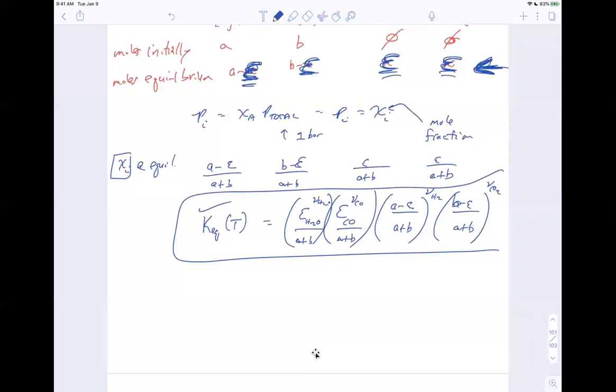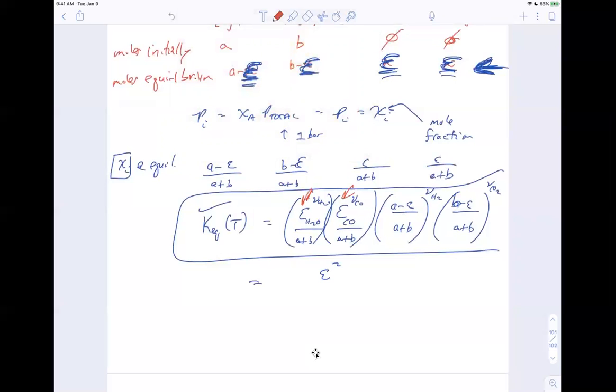And since all of the stoichiometric coefficients in this case are 1 or minus 1, can everyone tell what this would turn out to be? The two epsilons would just give you epsilon squared, and that's coming from this one and this one.